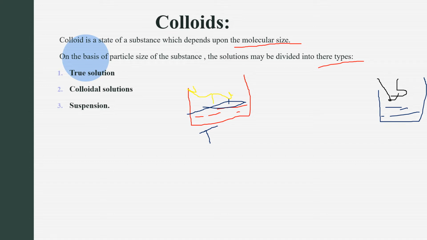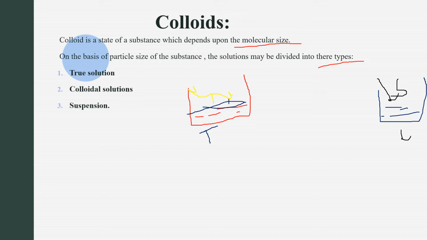Those sand particles will not get dissolved in the water, and they will get suspended through the solution. The solution which I will get after shaking will not be uniform. Such type of solutions are heterogeneous solutions. We are familiar with heterogeneous solutions, solutions which are not uniform throughout the mixture.